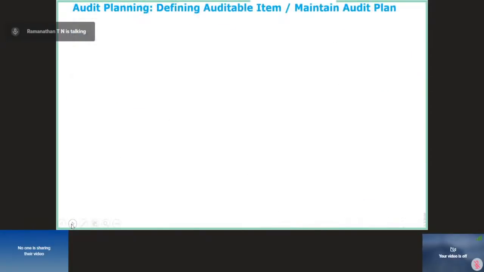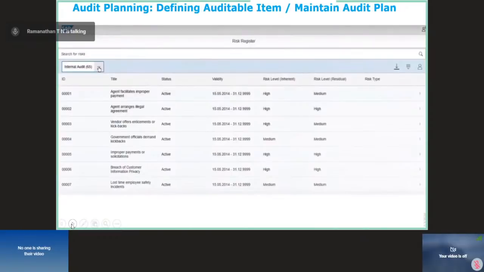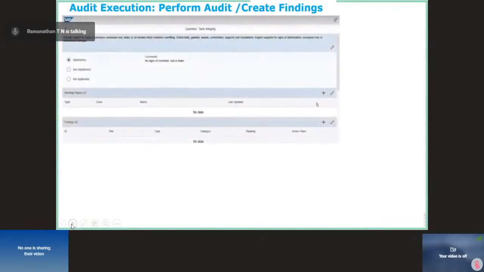Or in terms of the register of all the audit points, the auditable points which we talk about, right? Or in terms of when you execute, whether you are satisfied with the outcome of the audit, or there are observations.